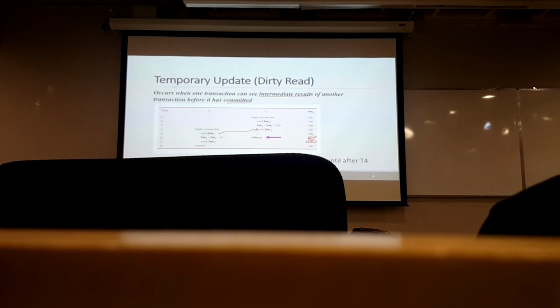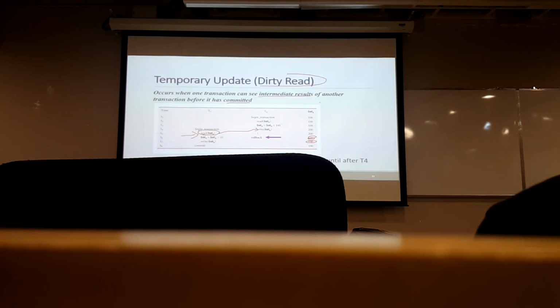So we call this temporary update or dirty read. Which one is the dirty read? This one. You read data that is actually not really final, so we call it dirty read. You read some intermediate data. Alright, question?